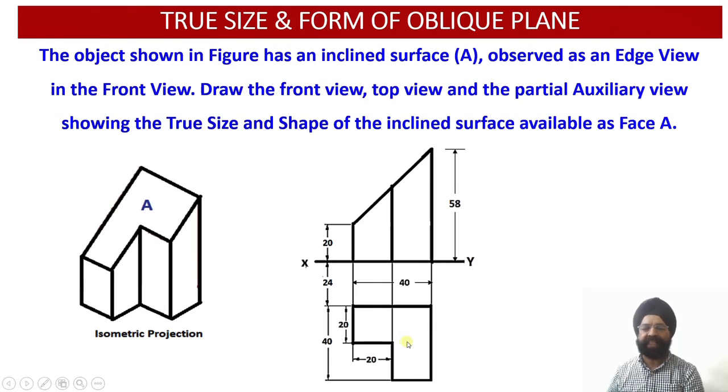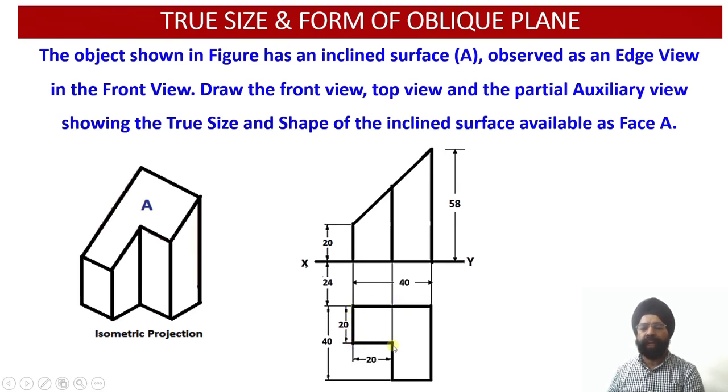Looking at these orthographic projections, we see that the front view of the sectioned solid provides us with the edge view of the section surface A. Whereas the top view of the section surface is projected onto the horizontal plane as a foreshortened or reduced view.